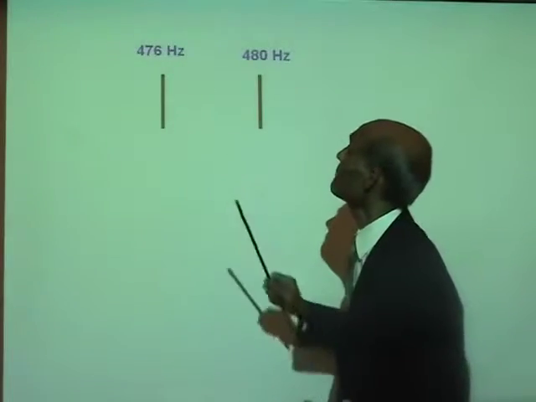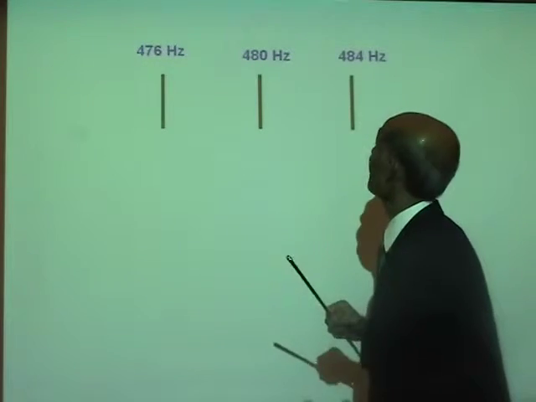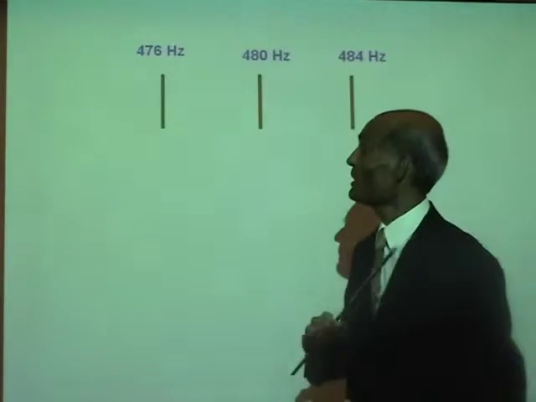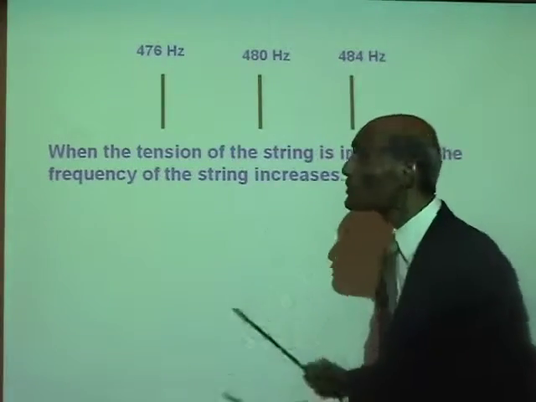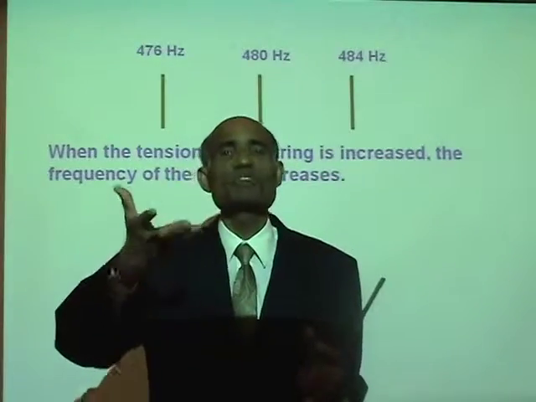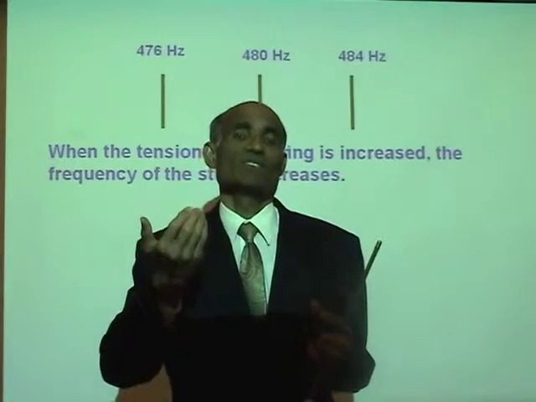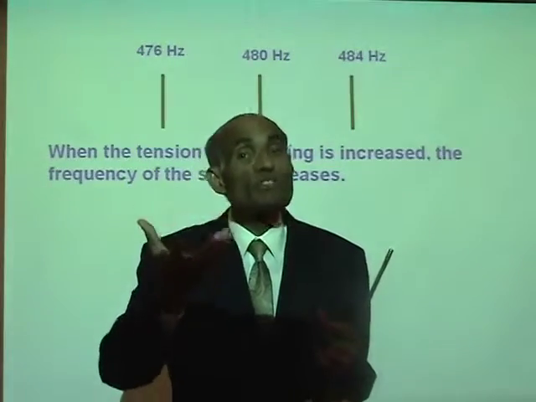The frequency of the violin can therefore be 476 or 484. Now, when the tension on the string is increased, is the frequency going to increase or decrease? You must know that. When the tension is increased, the frequency is going to increase.